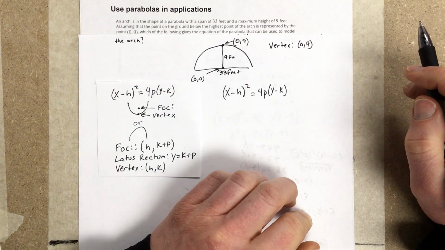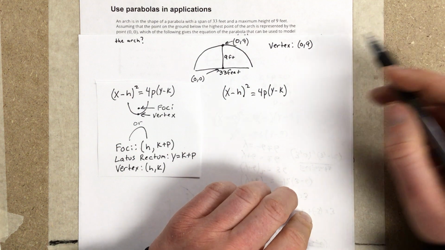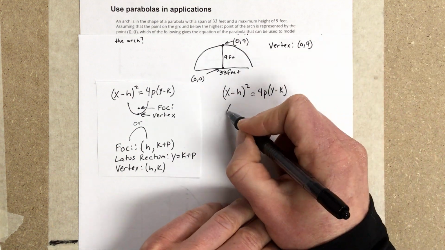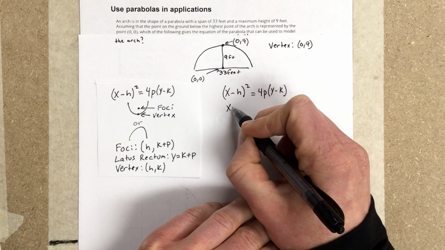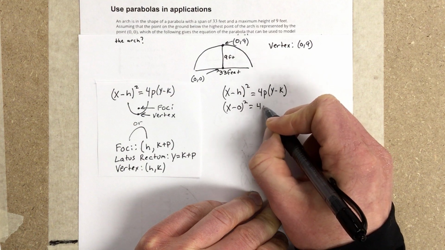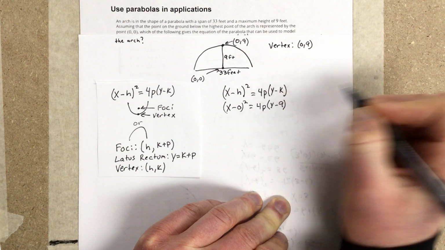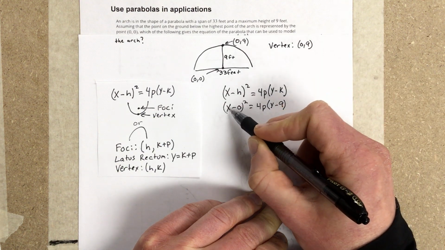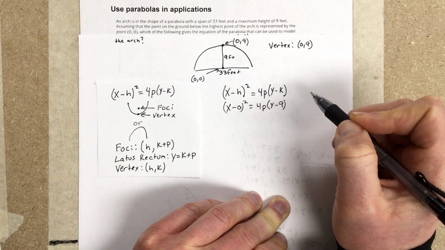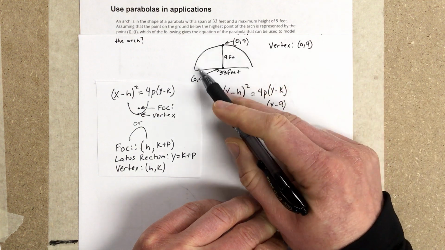I've got to find that p. So let's plug in (0, 9) and see what happens. What if I have (x minus 0) squared equal to 4p (y minus 9)? If I know a coordinate here, I could find the p-value for this equation. Do I know another coordinate on the parabola?